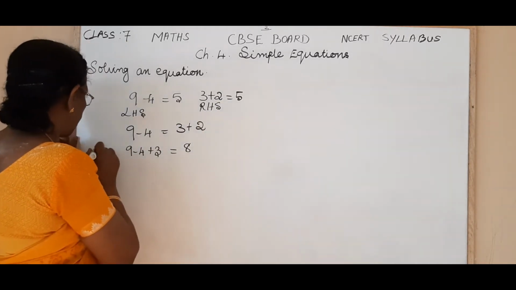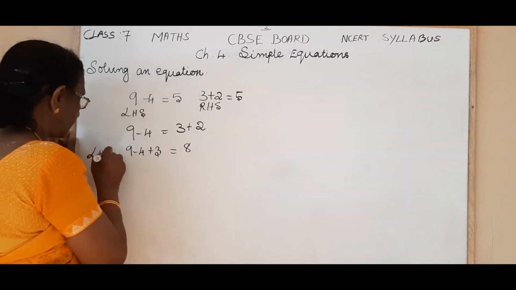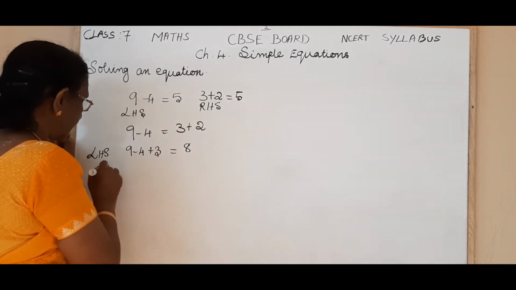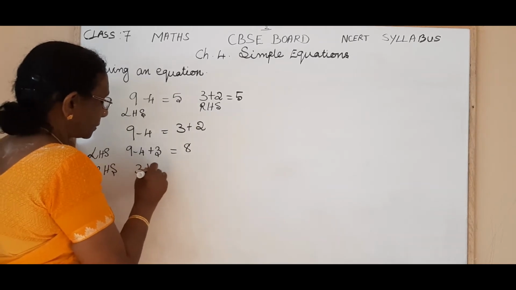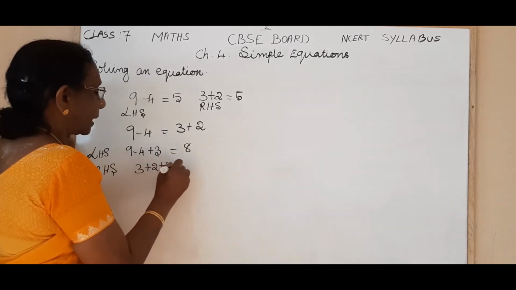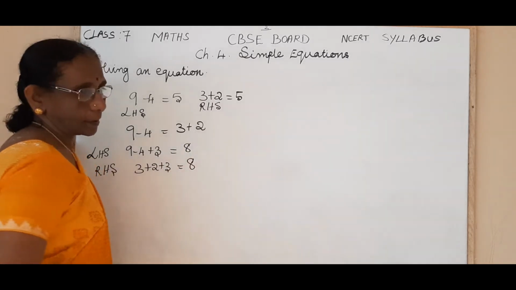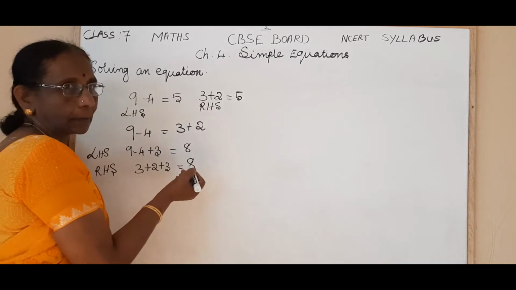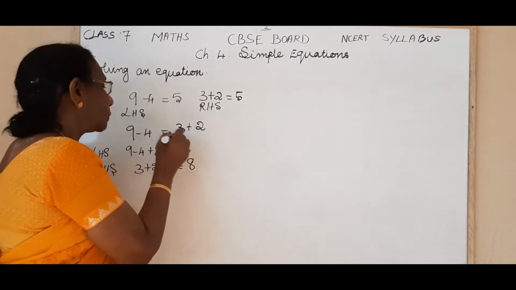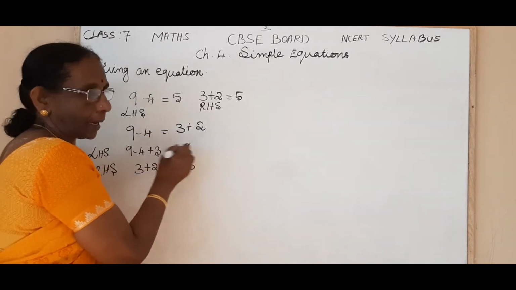This is the left hand side. Now on the right hand side, you also do that. 3 plus 2 plus 3. Again, what do you get? 8.